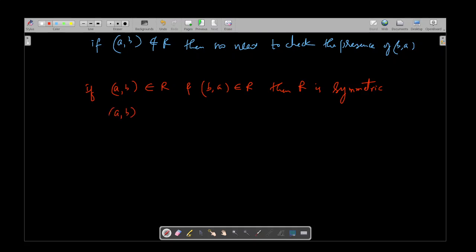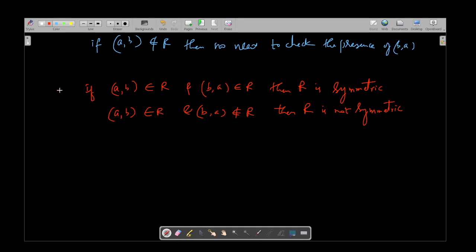If (A, B) is in R and (B, A) is not in R, then R is not symmetric. So these two are pretty straightforward.